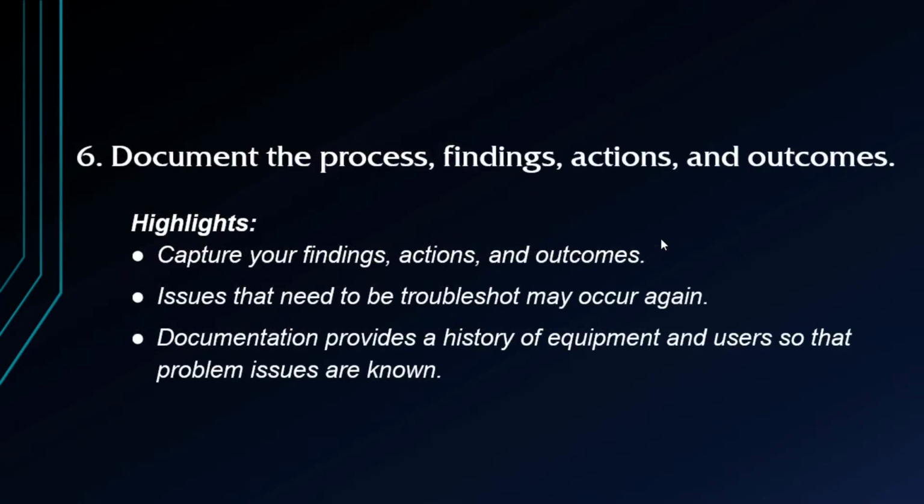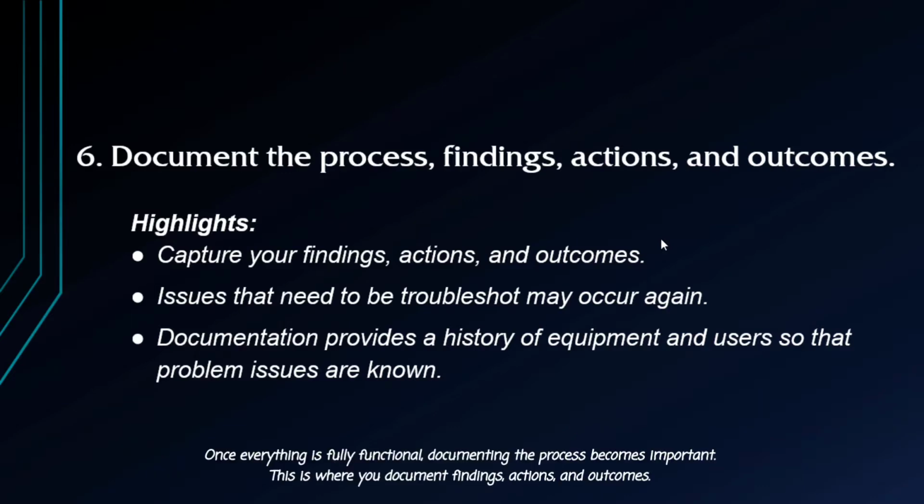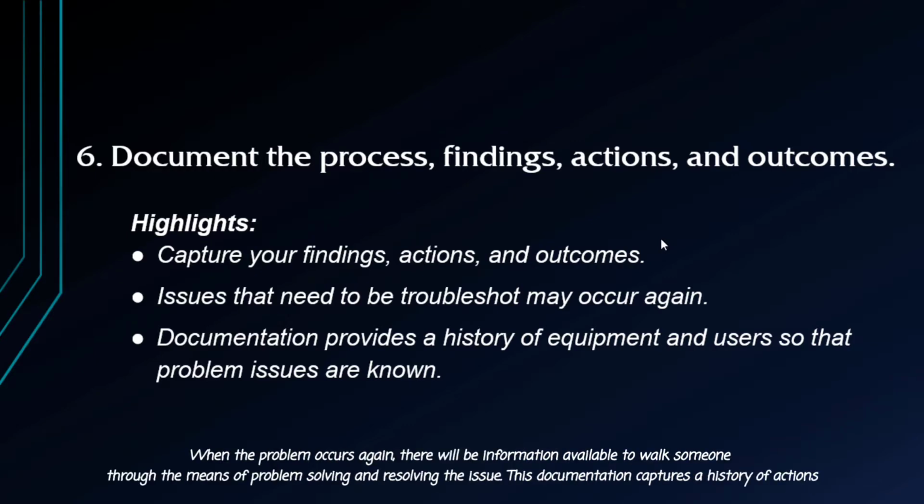Number 6, document the process, findings, actions, and outcomes. Once everything is fully functional, documenting the process becomes important. This is where you document findings, actions, and outcomes. When the problem occurs again, there will be information available to walk someone through the means of problem solving and resolving the issue. This documentation captures a history of actions.